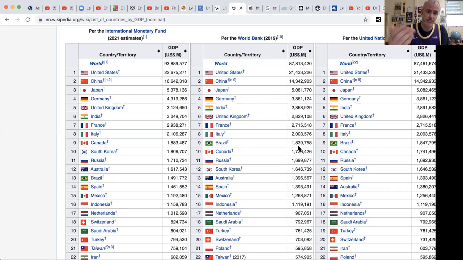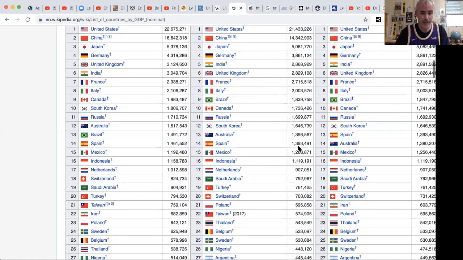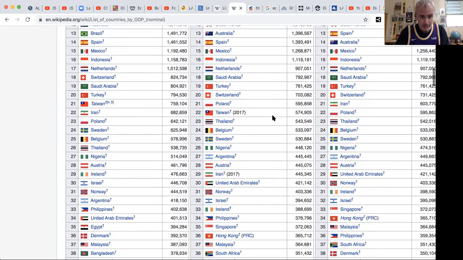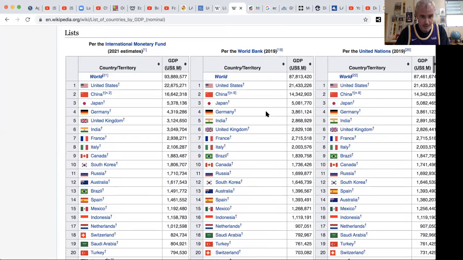Okay, this is GDP. We can go down and see who are some of the poorer countries. China's up here actually in GDP. These are bigger countries. In order to have a high GDP, you need to have a lot of people. In the next list, we're going to look at average GDP per capita.